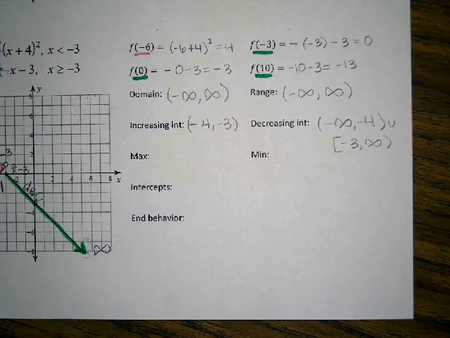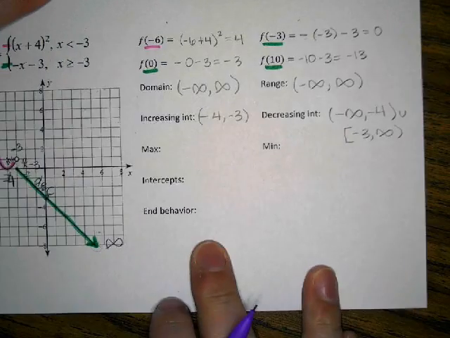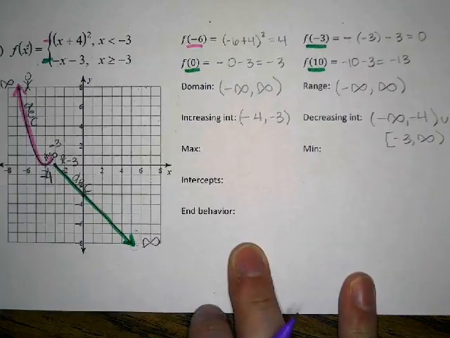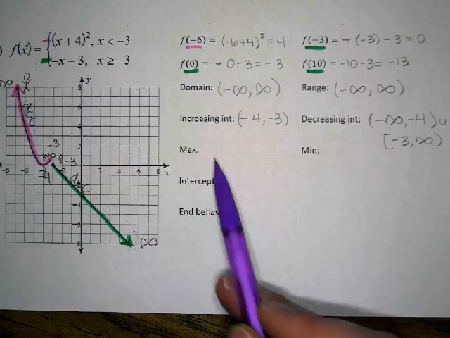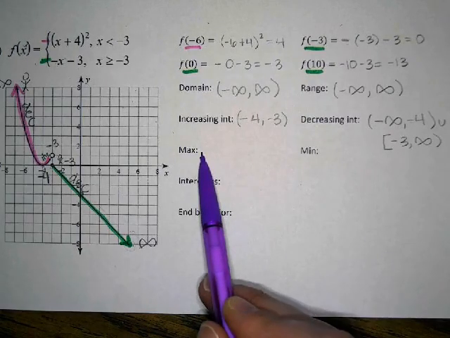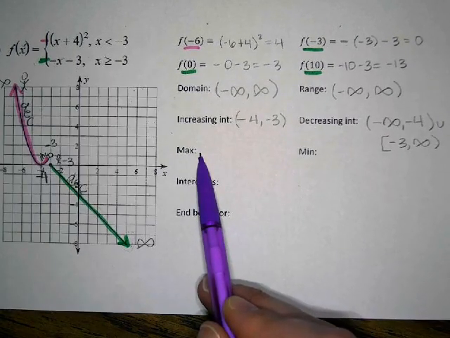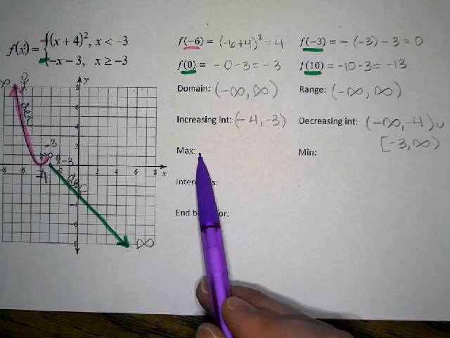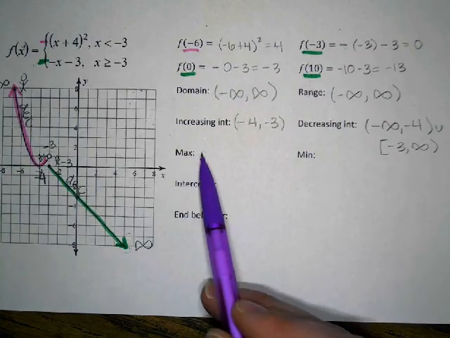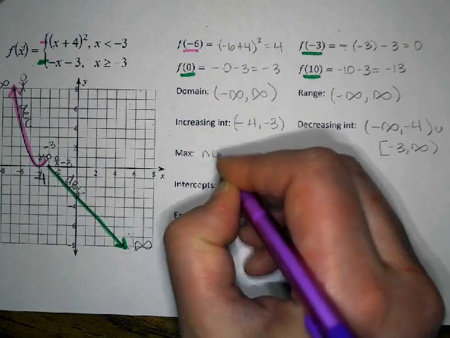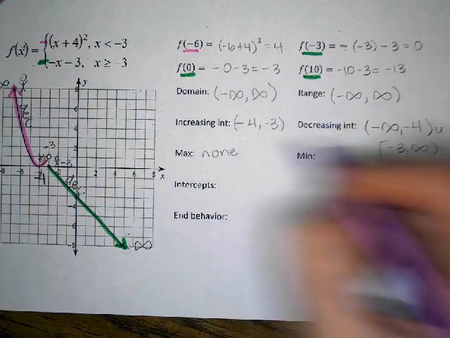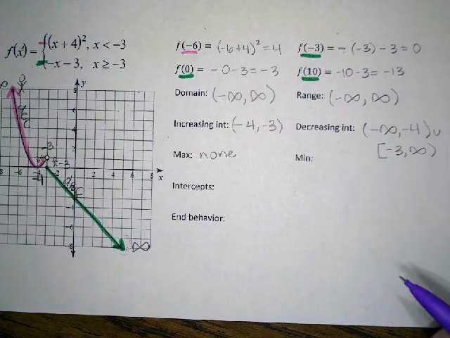All right. Is there a maximum, meaning is there a mountaintop anywhere in the picture? Do you see a mountaintop anywhere in the picture? Okay, so we're going to say none. Minimum, meaning valley. Is there a valley anywhere in the picture? Yes. What is the valley? -4, 0.